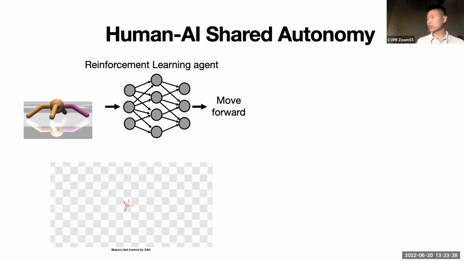After training, the ant knows how to move forward autonomously, without any human intervention. But the limitation is that the agent can only do this task autonomously. If we want the agent to do some other task, like turning left or turning right, the agent doesn't know how to do it.